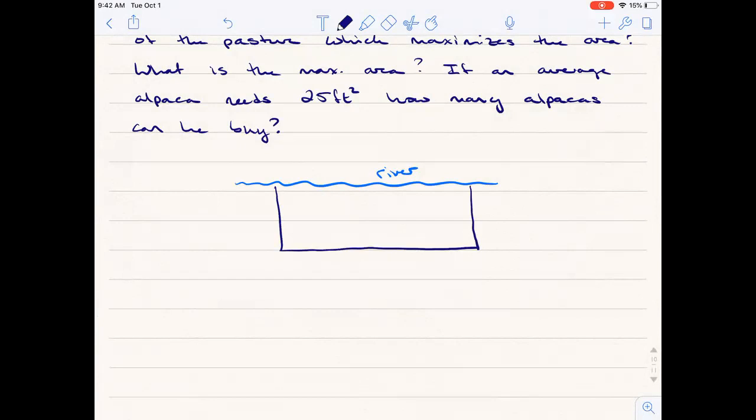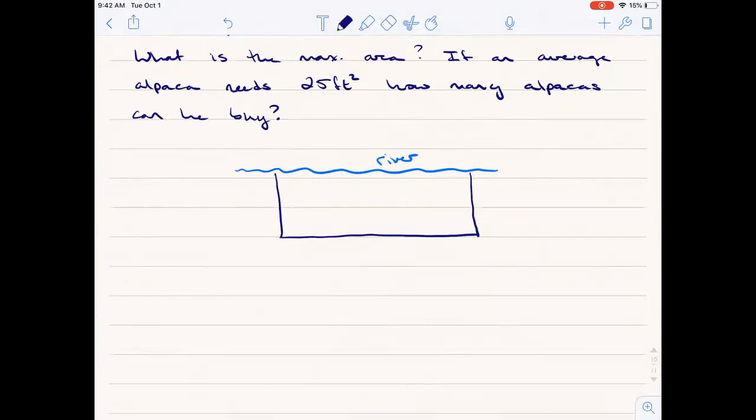It's a rectangle where we're going to let this side be W, and so this side must be W as well. And this side has a length L. Then the area must be the width times the length.